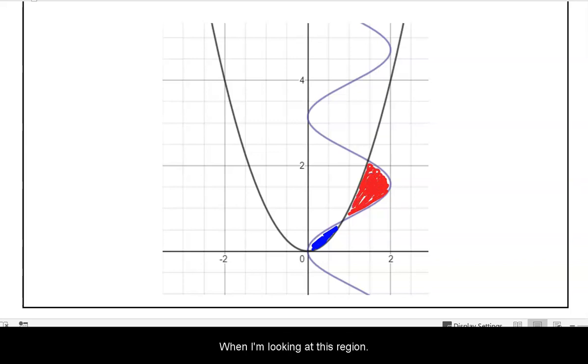When I'm looking at this region, would it be the same going with respect to x as it is with respect to y? Definitely not. On the right, I always have the sine-related function. On the left is always the parabola. However, if I were to orient the rectangles vertically, which gives me the differential dx, I have first the parabola on top and the sine-related function on bottom.